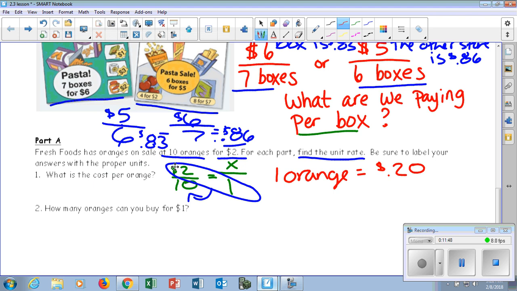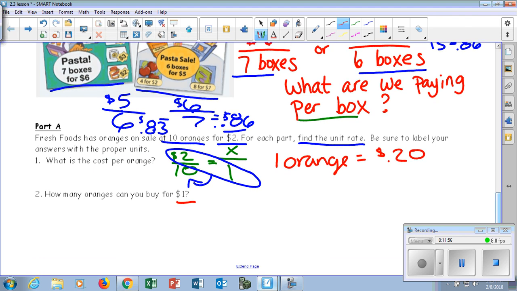Well, now that I know that 1 orange equals 20 cents, how many oranges can we buy if we only had $1? Let me see. 20 cents for 1 orange. Sal, how many can I buy for $1? 5 oranges.